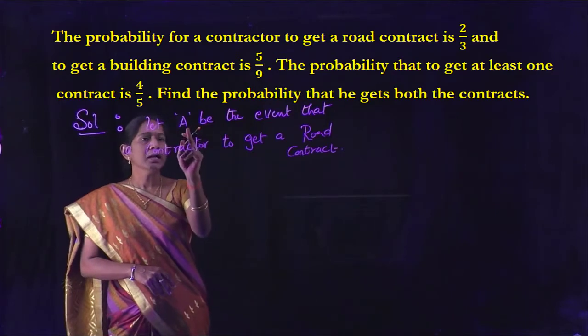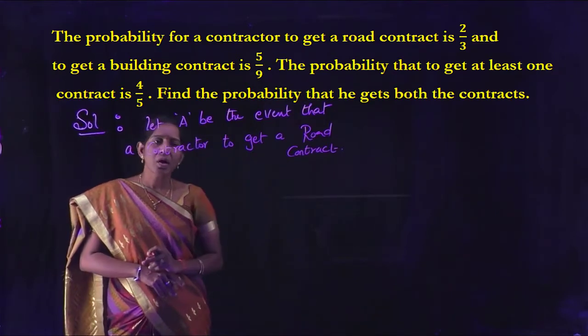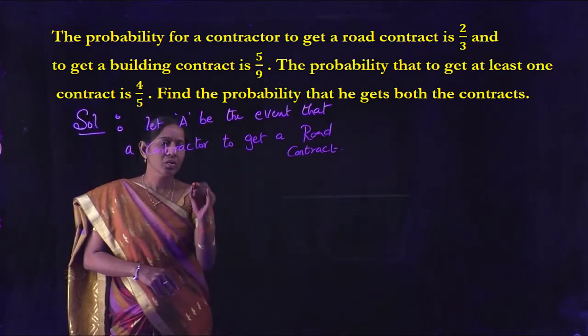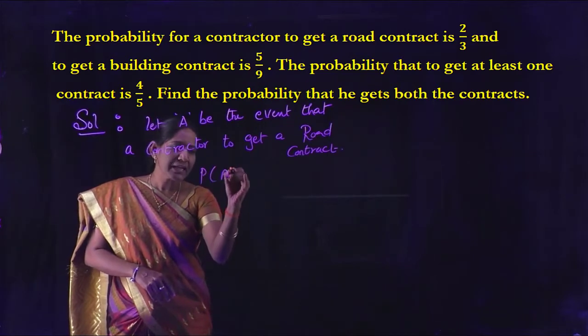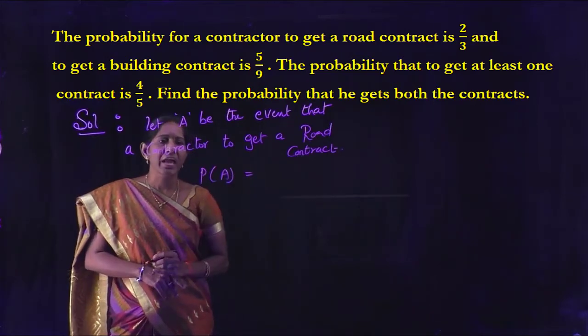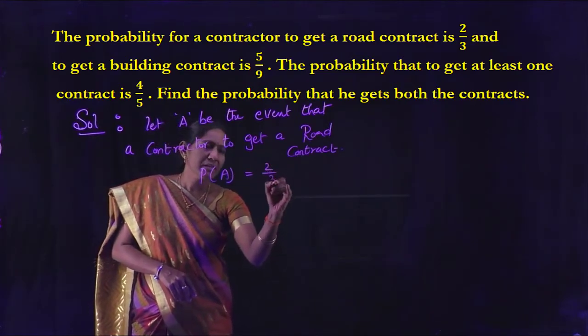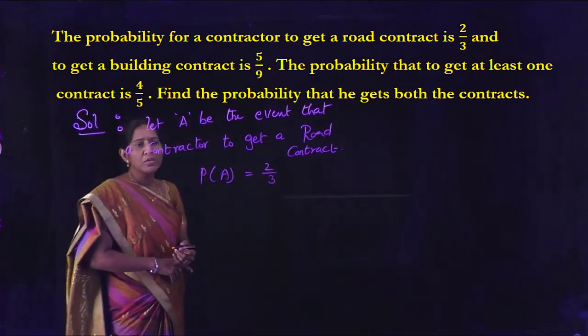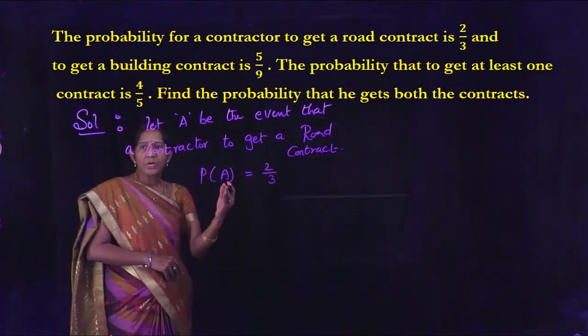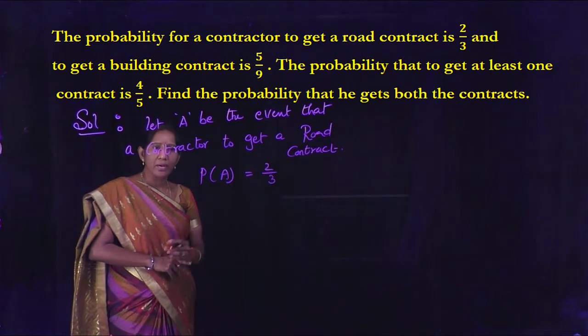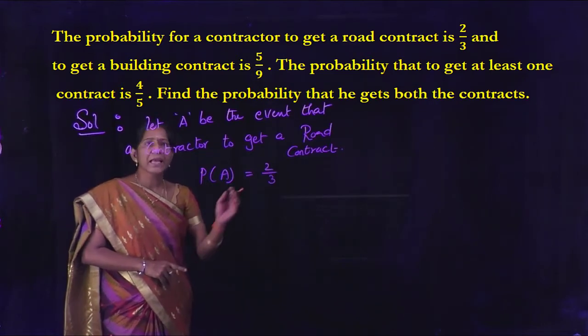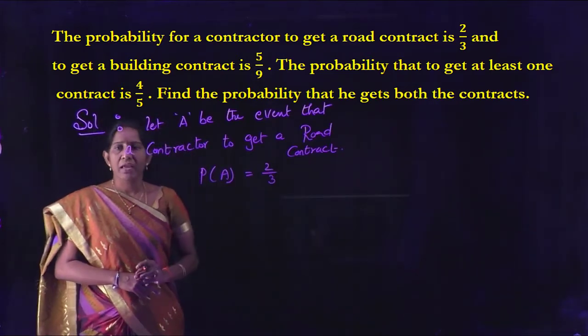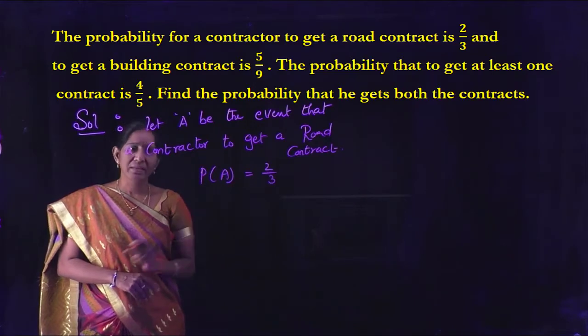So here we take a road contract event as A. So that is probability that A, that is P of A, is 2 by 3 given. Probability that a contractor to get a road contract is 2 by 3. Take it as event A. That's why P of A is 2 by 3 given.